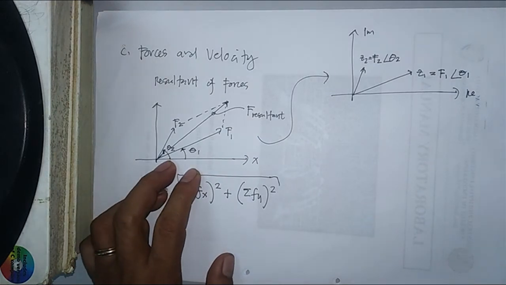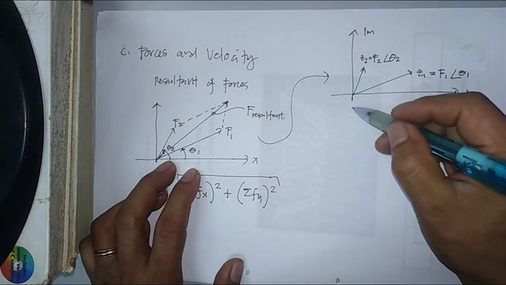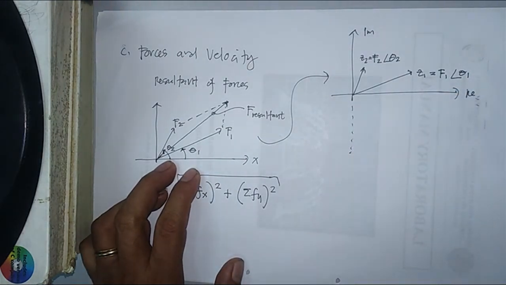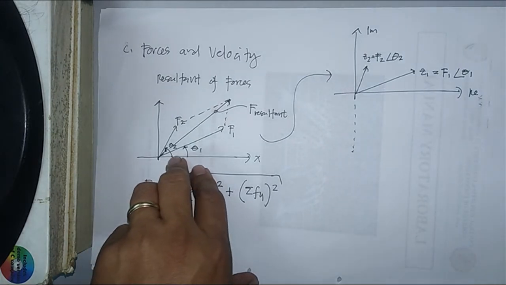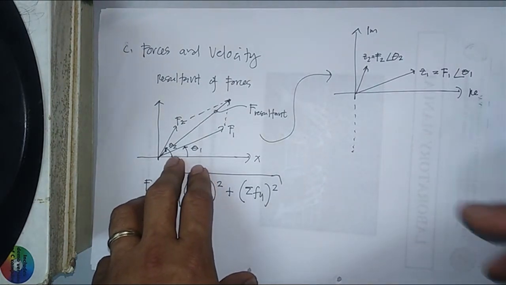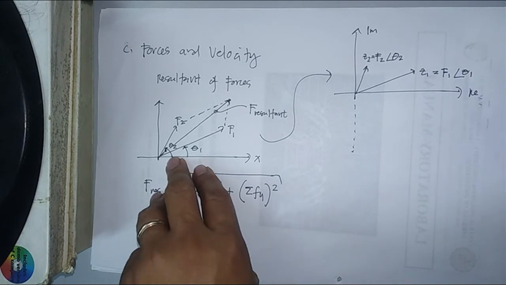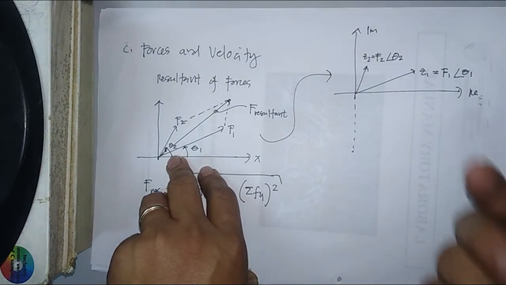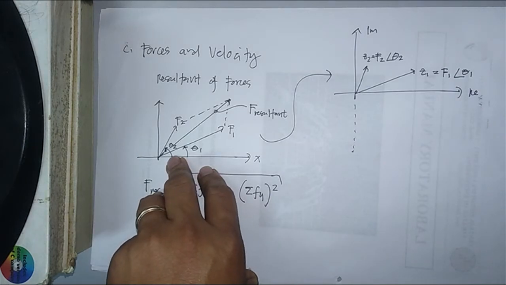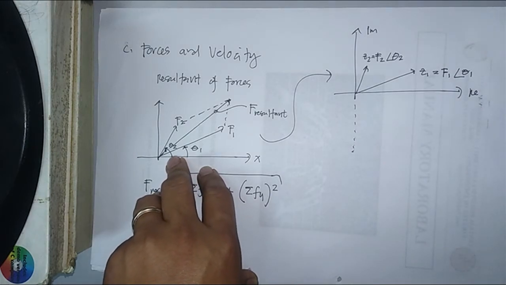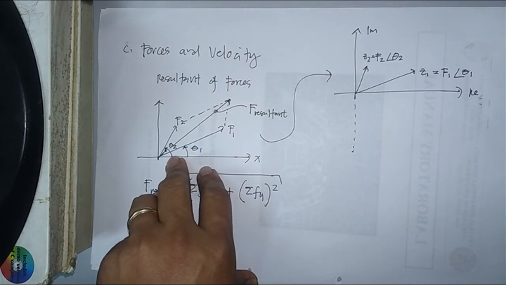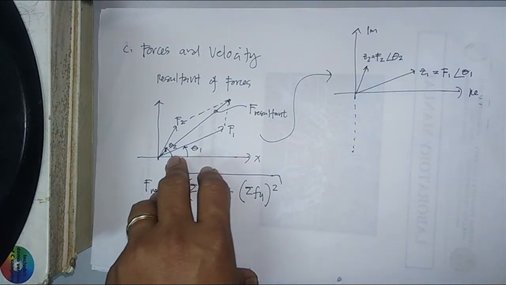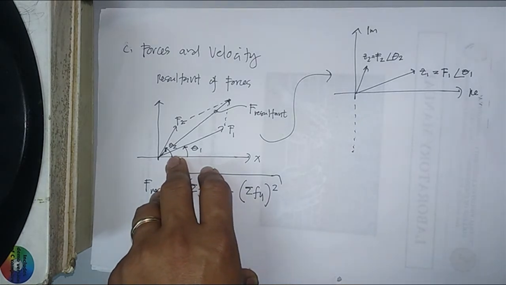Now, if you recall your previous topic in the basics of complex numbers, we solved the difference between two complex numbers, that is Z2 minus Z1. The difference of two complex numbers is actually solving the distance between two points.